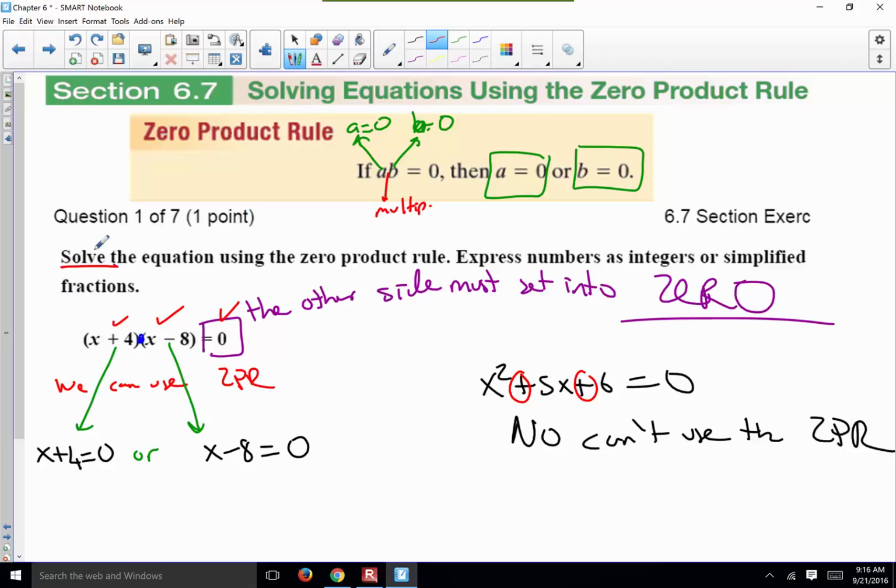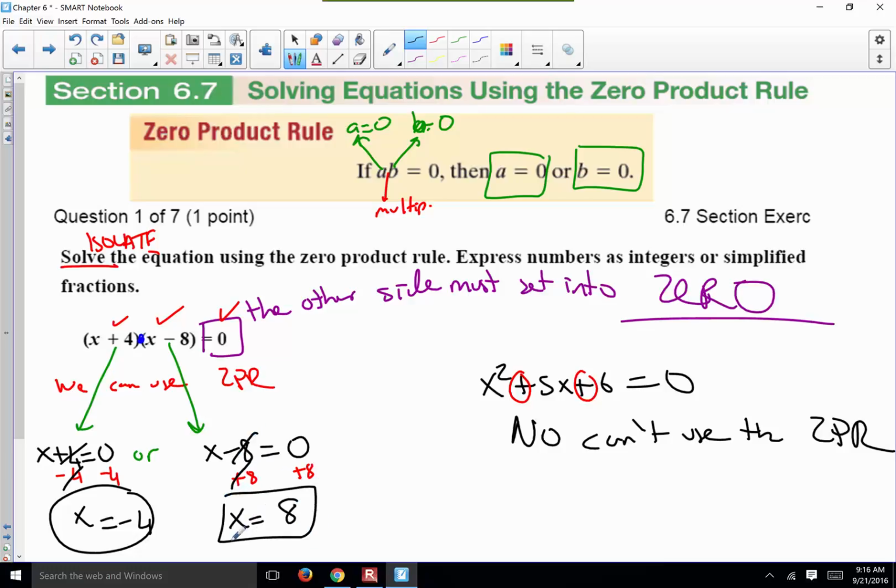Solve means isolate. You need to keep going until you get x all by itself. So for this, I will subtract 4, add 8, and this way we will have x equals negative 4 or x equals positive 8. Okay? And these are our solutions.